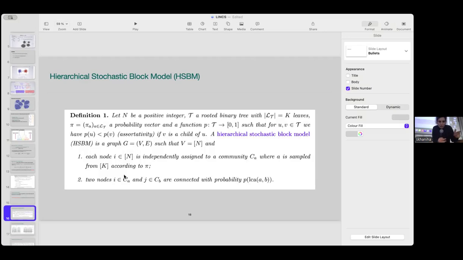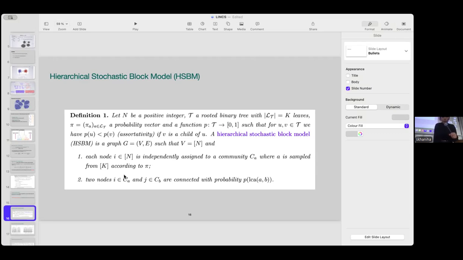So the definition: we have n, which is the number of nodes. We have a tree, which is rooted. LT is the number of the leaves, which are the primitive communities. We have some probabilities that are relative sizes of the primitive communities, because primitive communities are not necessarily the same size, and they are not only single points.